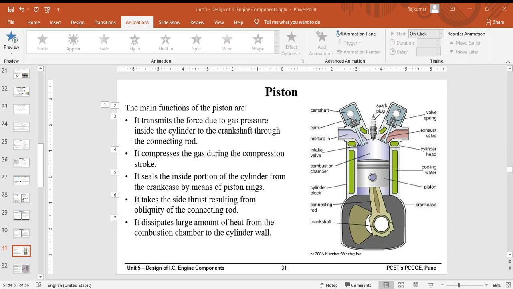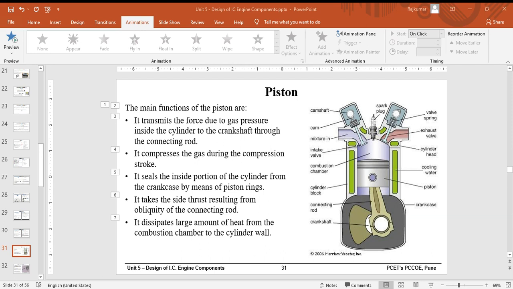Then it should form an efficient seal to prevent the leakage of flue gases from the combustion chamber to the crankcase past the piston. It also prevents the leakage of lubricating oil into the combustion chamber past the piston. So both leakages should be avoided.